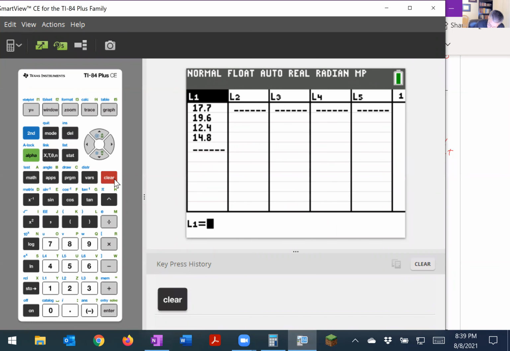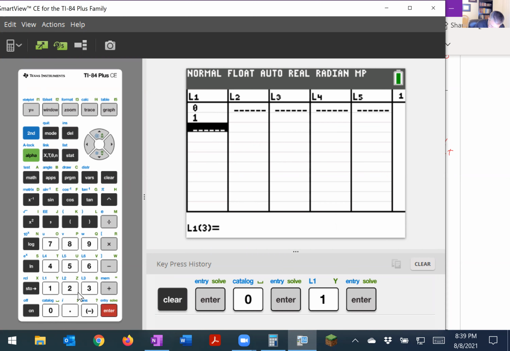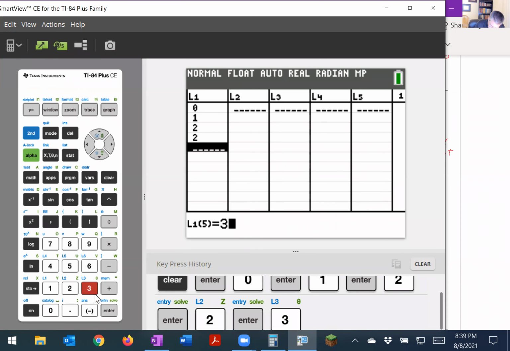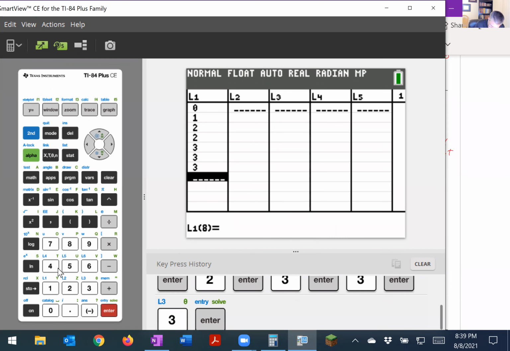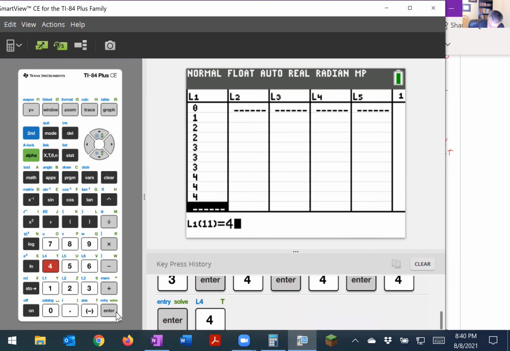So clear, and then enter. We wanted 0, 1, 2 2s, 3 3s, and 4 4s. Okay, so that's good. Is that true? Yeah, that's correct.